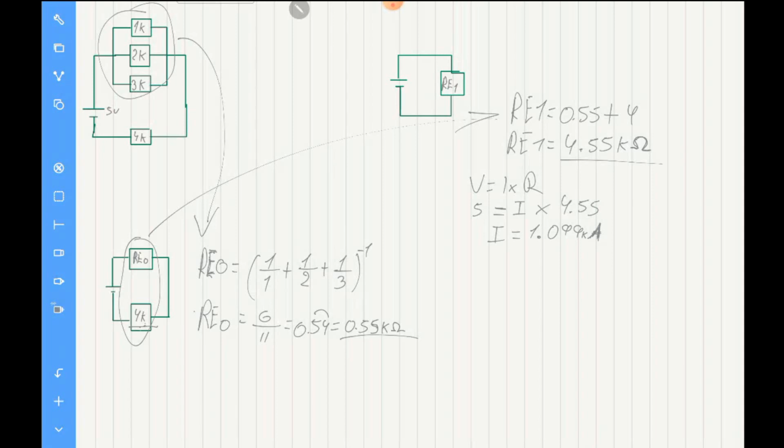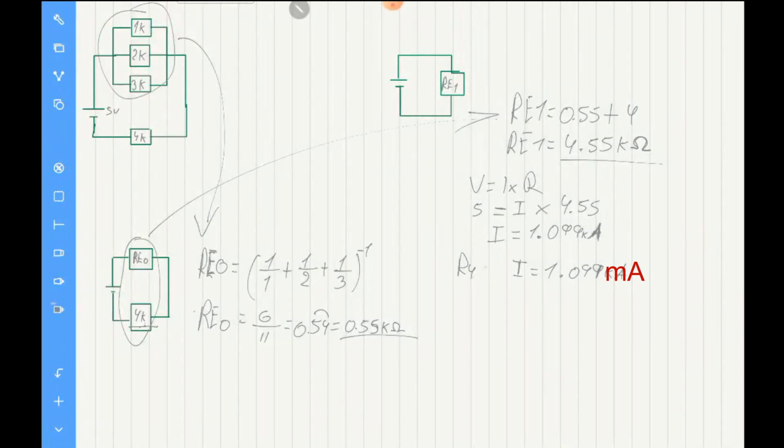Now that you know the main current, it's in RE1, which is equal to RE0 plus R4. So in R4 the current is equal to 1.099, it's not equal in all of them, it's just in R4.